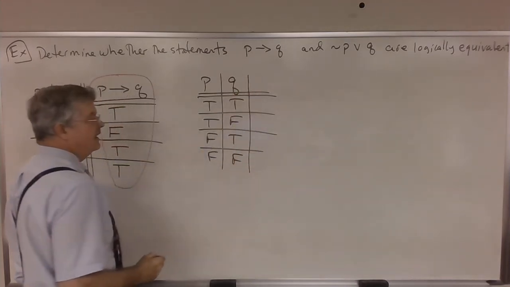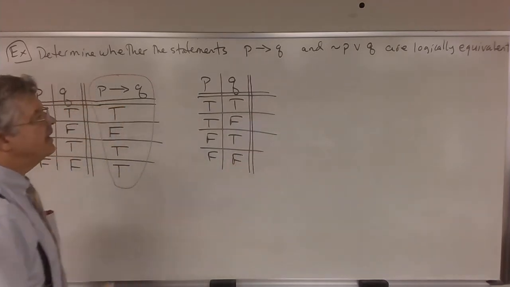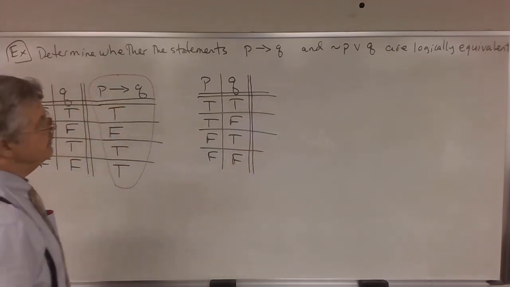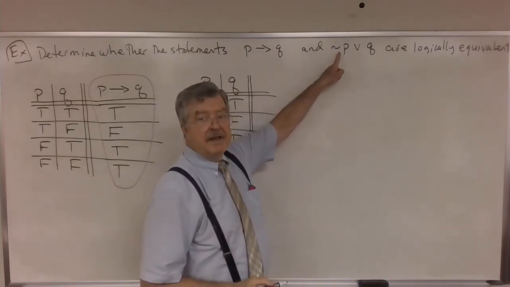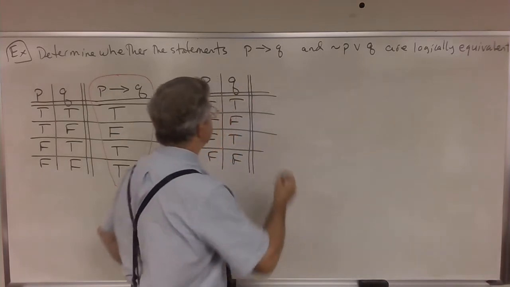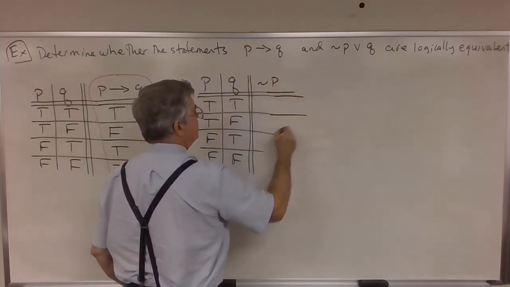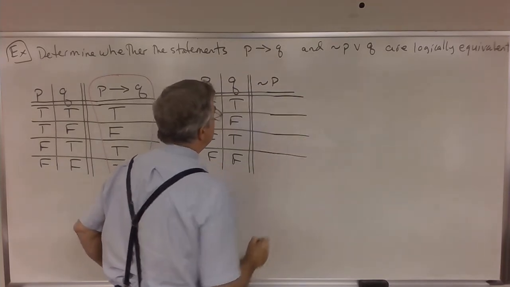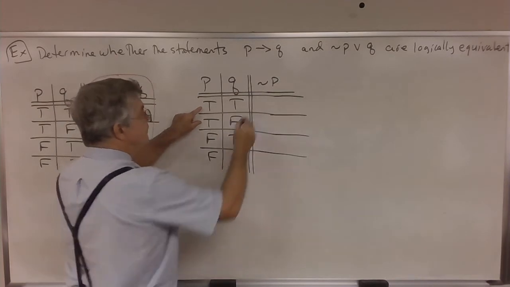Okay, we've primed the pump. We've set the truth table up. And it looks like the first thing I have to do is get a column of truth values for not P. So if I negate P, I change the truths to falses.